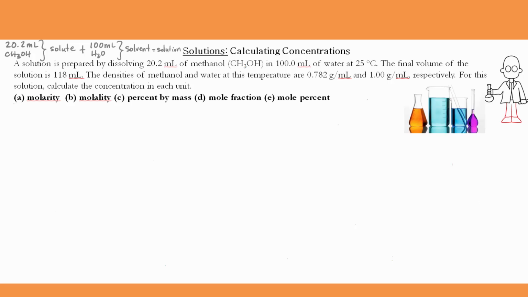So we're given a volume. So we have to go from a volume in milliliters to a mass in grams, a mass in grams to a number of moles. So this step we use the density, and this step we use the molar mass.